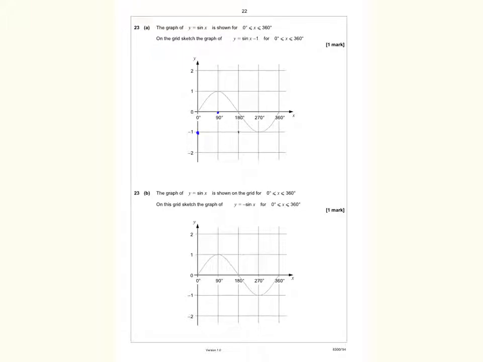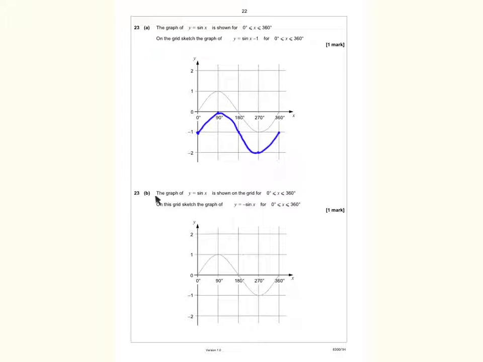So it's a translation going down, and these will be the points that I definitely know that I need to go through. Now I need to draw a curve that looks like the sine curve, but just translated 1 down. So try your best to draw a nice curve. And finish it here.